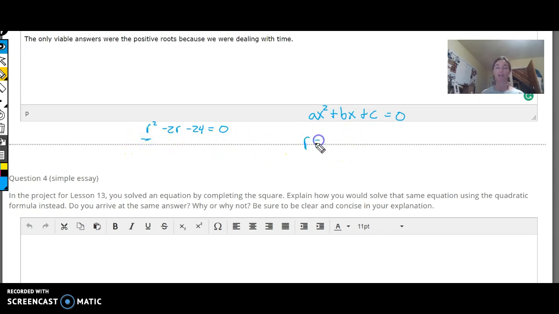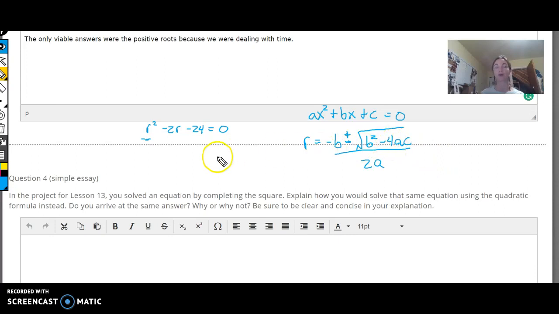So r is going to equal minus b plus or minus the square root of b squared minus 4ac all over 2a. I think I've told so many of you to commit this to memory. And the reason we're going to get 2 answers here is because we have a plus and a minus.